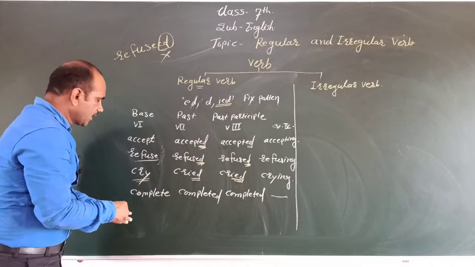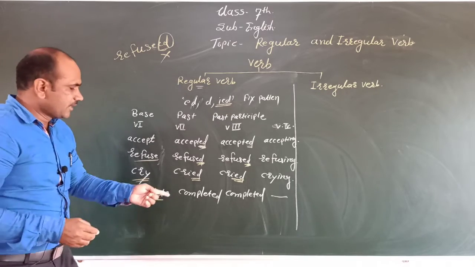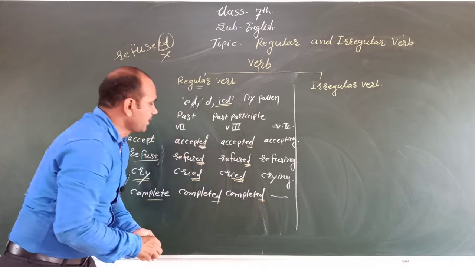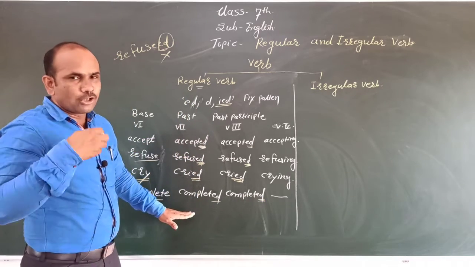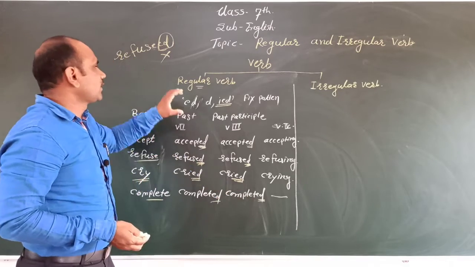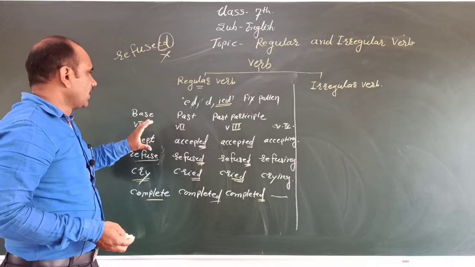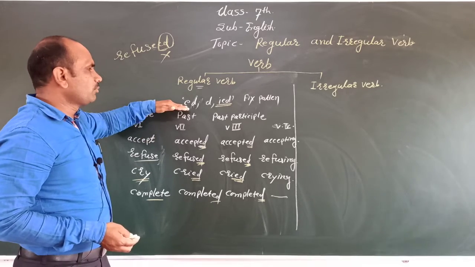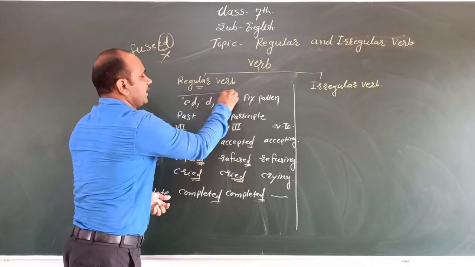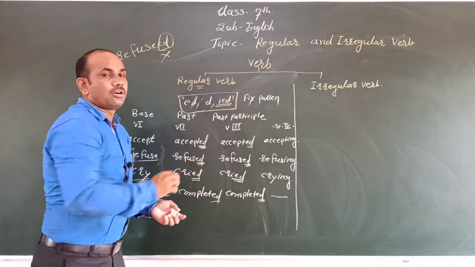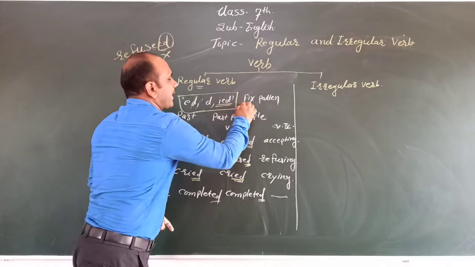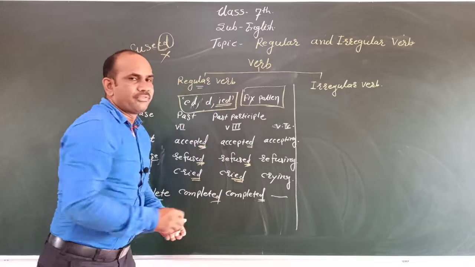Here complete is the base form of the verb. Then second we write ed, then we also write ed. Some verbs take ed at the end, and that verb we call the regular verb. Therefore at the end of the verb we write ed or d or ied, and that pattern we call the fixed pattern.